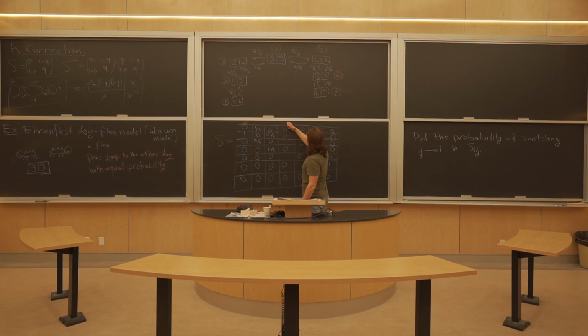From 4 to 3 is 3 over 6, 3 over 6, from 5 to 4 is 4 over 6, 2 over 6, so there should be some sort of symmetry, of course. And then this one is going to be 5 over 6 and 1 over 6. Okay? Yet another stochastic matrix that represents this Ehrenfest model, or dog-flea model.